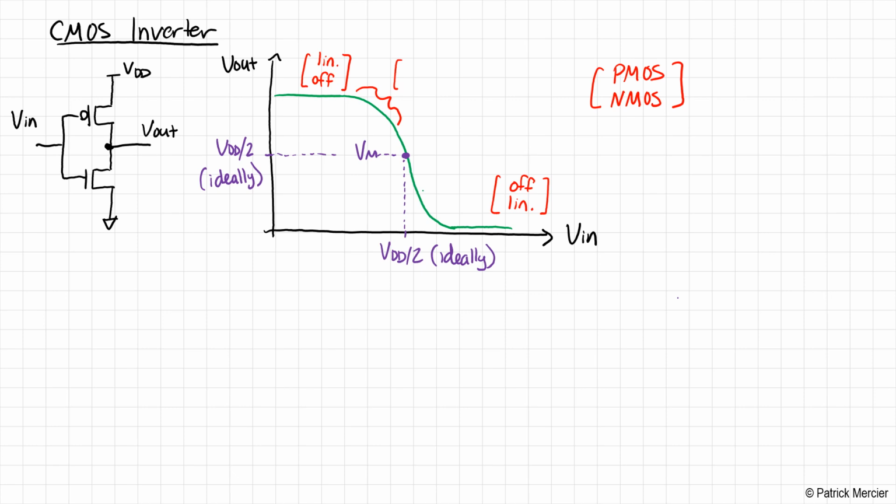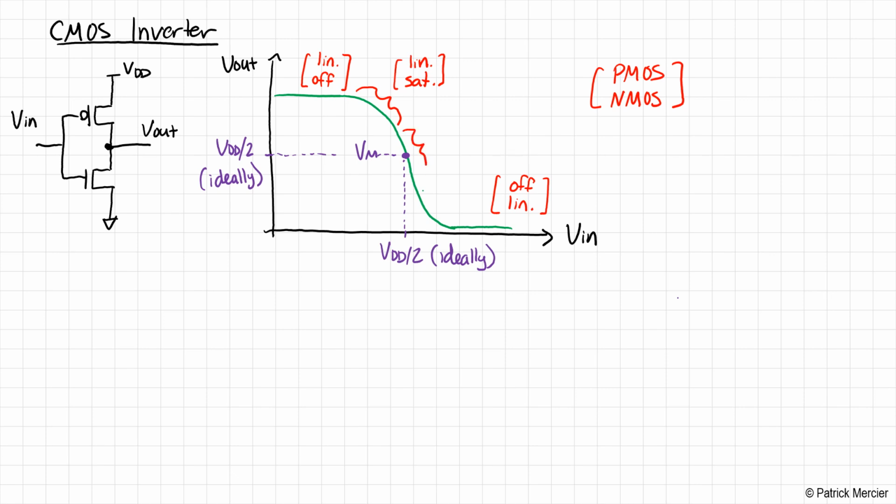Well, VDS of the NMOS transistor is still rather large because Vout is still rather high. So therefore we say that the NMOS transistor is in the saturation region. Likewise, VSG of the PMOS transistor is still relatively large, so it's still turned on, but VDS is still pretty small because Vout is still pretty close to VDD. So we say that the PMOS transistor is still in the linear regime.